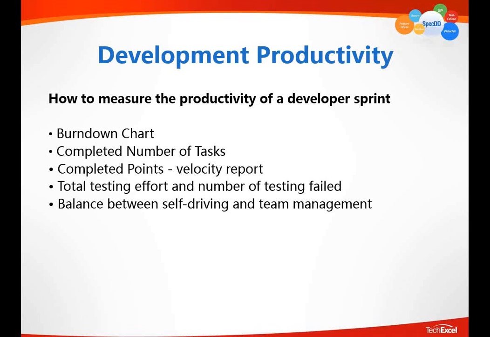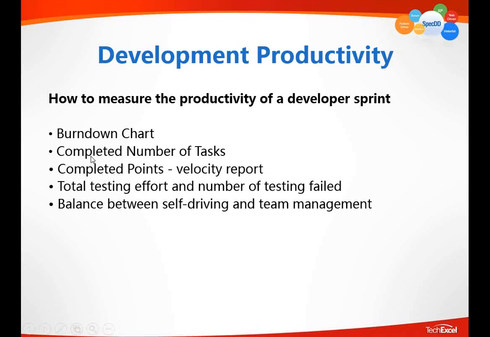So how do you measure the productivity of a development sprint? It's actually related to what we just described. You want to measure the development sprint productivity more based on the development task, not necessarily based on the QA testing subtask.